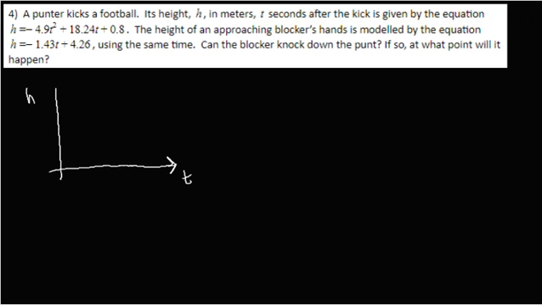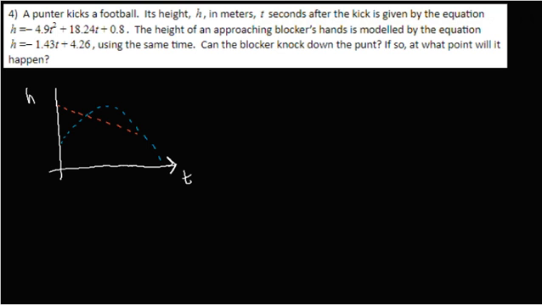He's kicking it 0.8 meters above the ground, just under 3 feet off the ground. His quadratic of kicking the ball is modeled by that. And then we have this guy rushing in from the opposing team, trying to block it, modeled by that equation right there.